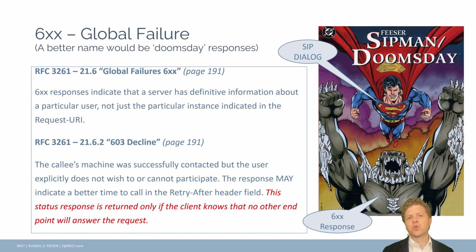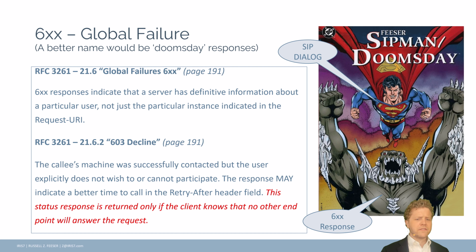It will destroy a SIP dialogue from ever being created, in the same way Doomsday was bad news for Superman. So the 6XXs are called global failures. Doomsday responses is fine as well. We hear both terms out in the wild.